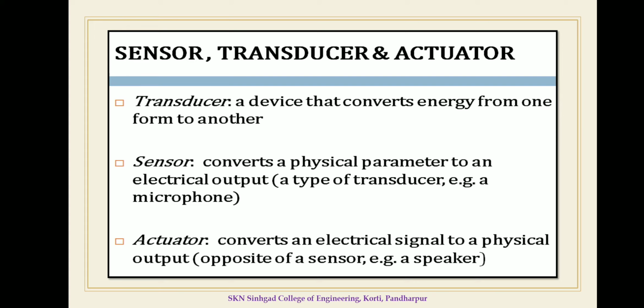That's why the response should be instantaneous or quick. Then sensitivity: the sensitivity of sensor should be as high as possible. The accuracy: the measurement accuracy should be high. And linearity: it shows the same sensitivity over its entire operating range. So these are the different characteristics of sensors.